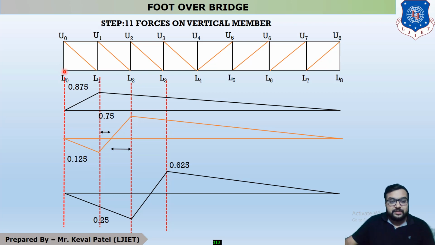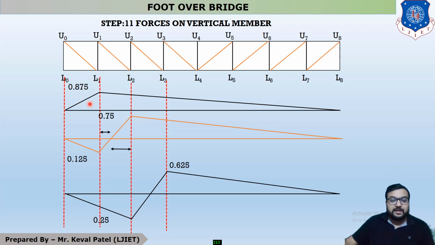You can see that this is the unit load diagram, because the influence line diagram uses a unit load. So for U0L0, the influence line ordinate at L0 is 0, and for the upper joint it equals the value at the next member, U1.